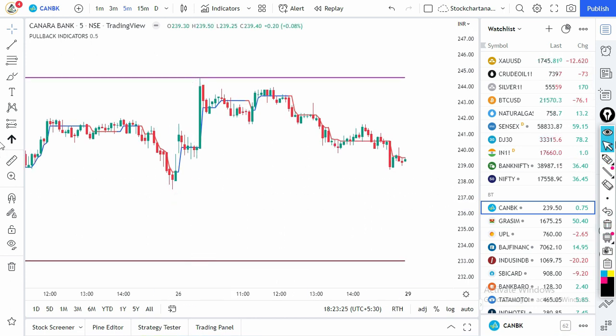So most of the novice traders, once they see the price is going up, think that the stock is going to go up and there is an uptrend. But they don't know that here there is a supply zone. And once price touches the supply zone, there is a maximum chance that the price will make a sharp fall.